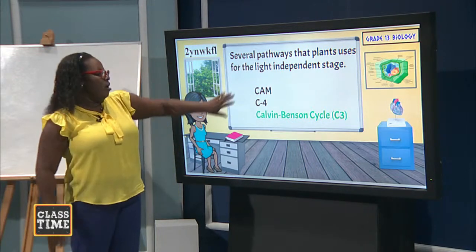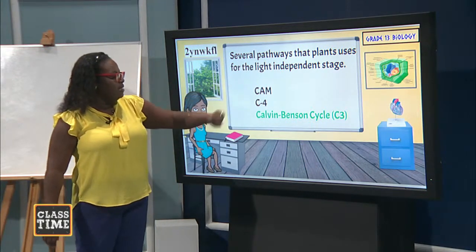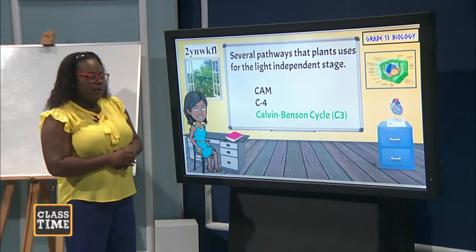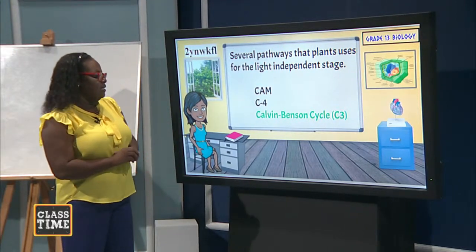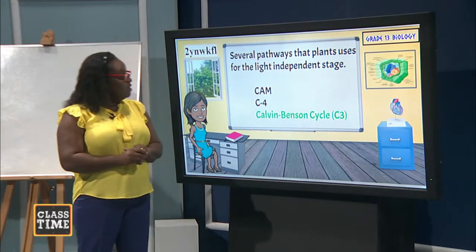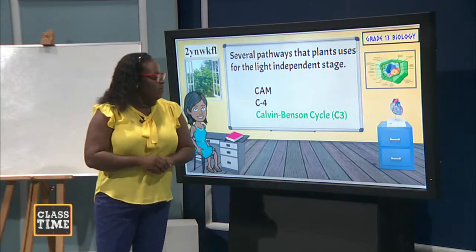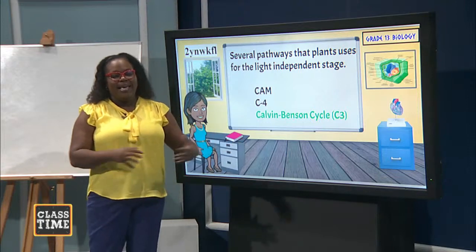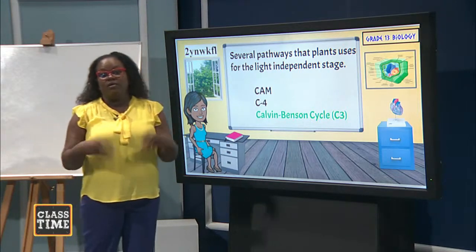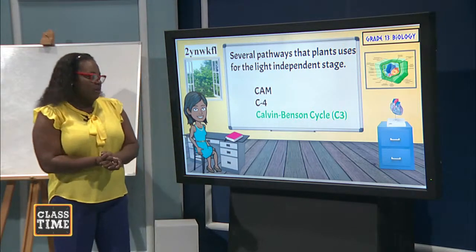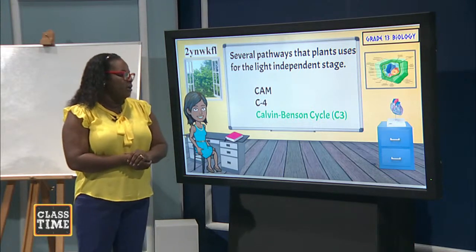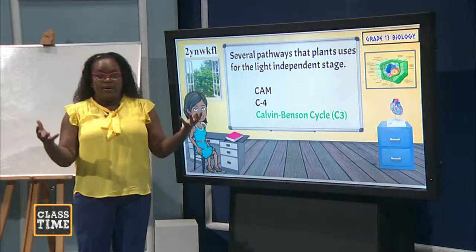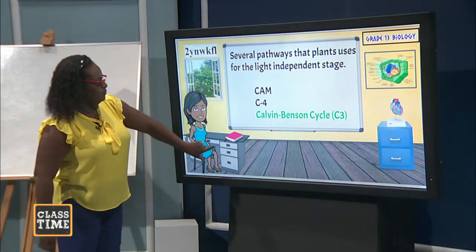The other pathways, CAM and C4, are not really part of the CSEC syllabus, which I find a bit interesting because C4 in particular is typically the pathway that most plants in Jamaica or in the region would use, because C4 plants are usually adapted for tropical climates.